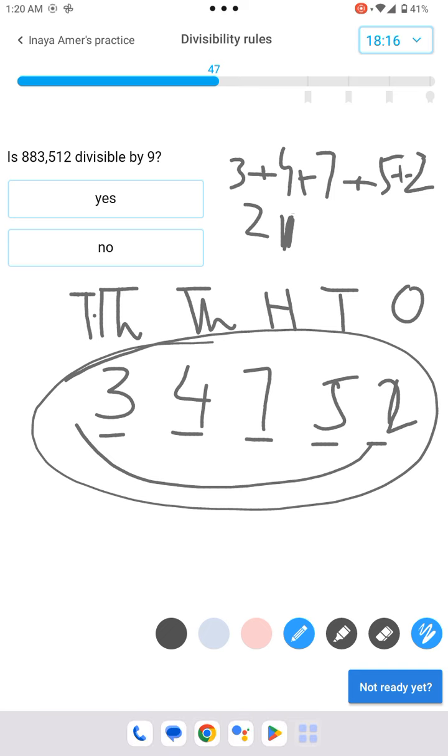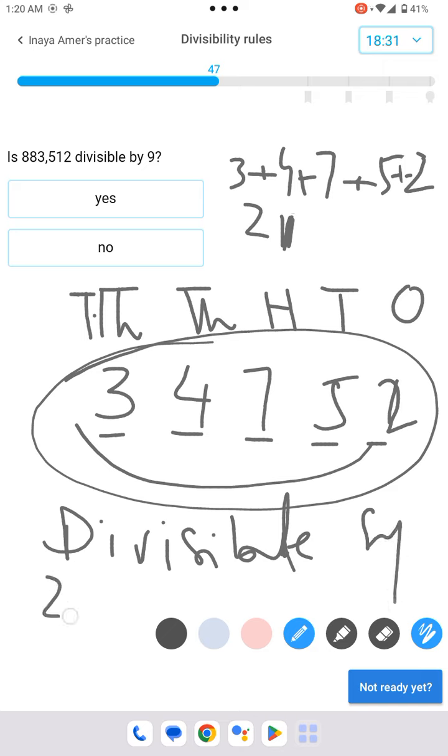So remember that if the number is divisible by 2 and 3 both, then it would be divisible by 6.